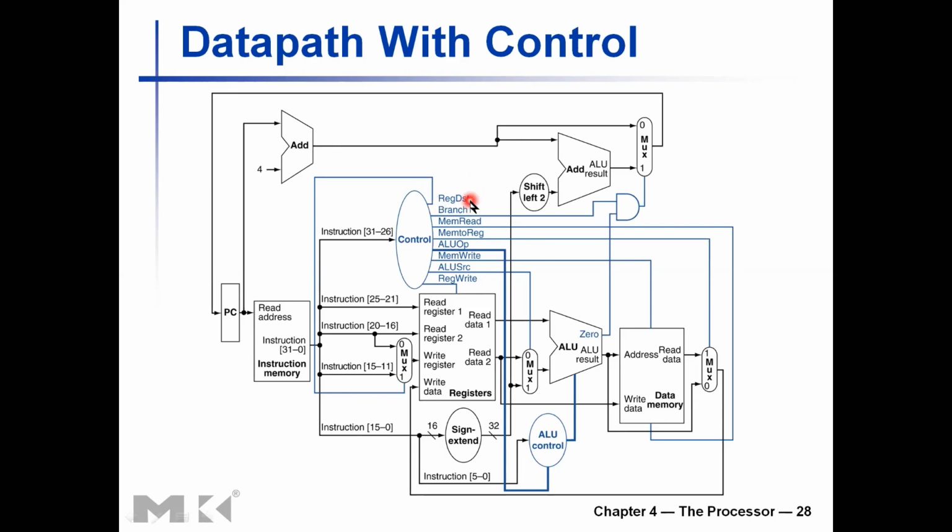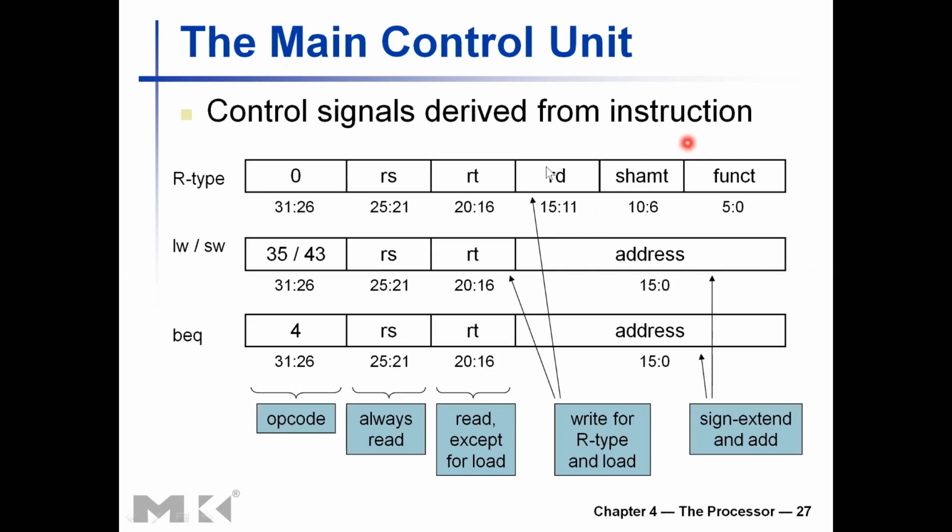or register destination control signal. Its purpose is to decide what is the register to be written into. If that signal is 0, you are taking bits 20 to 16, or in other words, these bits.